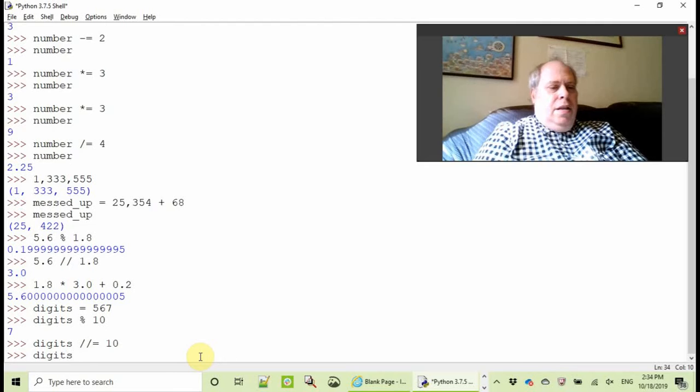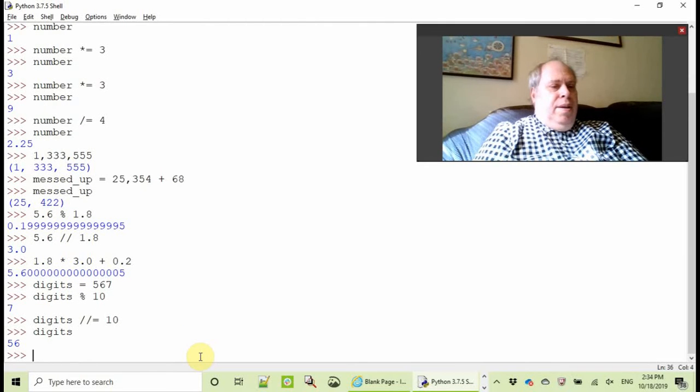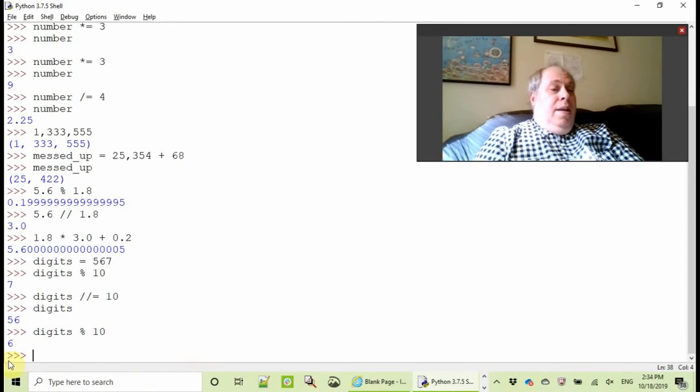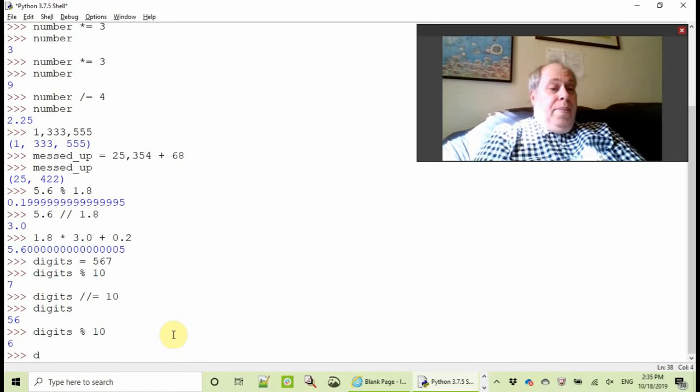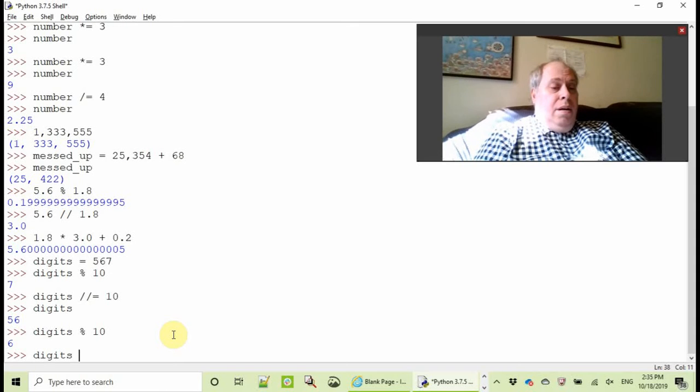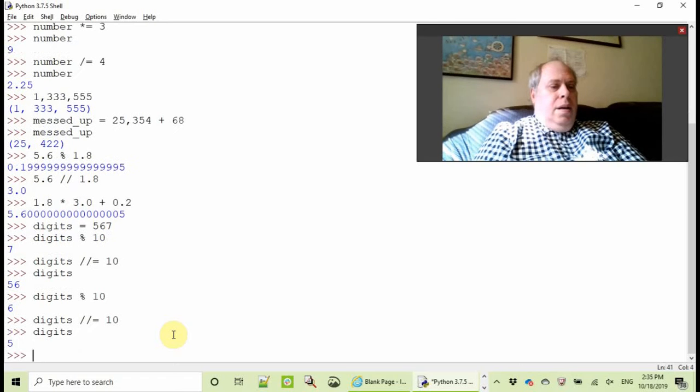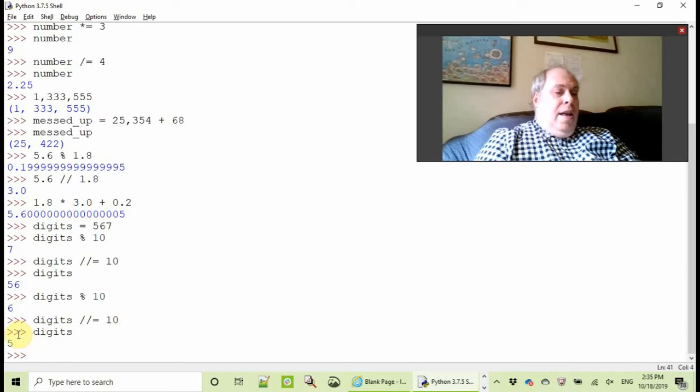Now if I look at digits, it's 5, 6. And if I do digits percent 10, it gets me 6. This is one they didn't mention in the book, but it works: slash slash equals. If I do digits //= 10, now digits is 5. So that gives me the 5, the 6, and the 7.